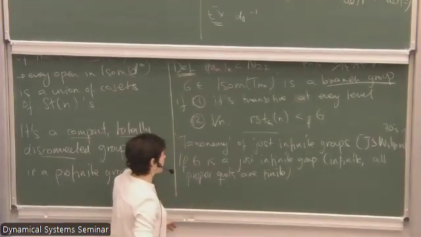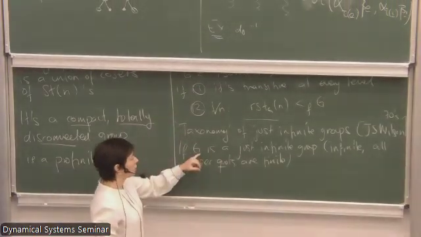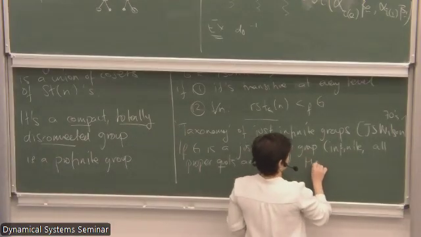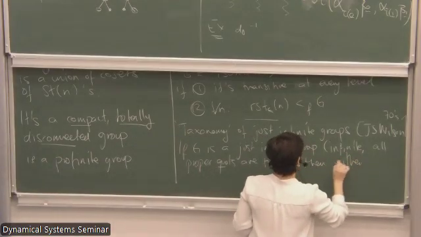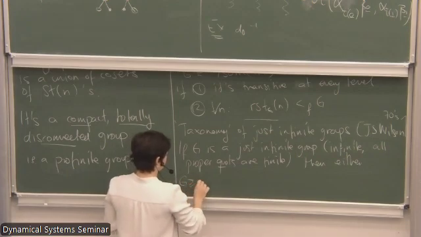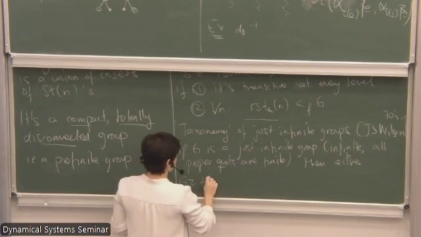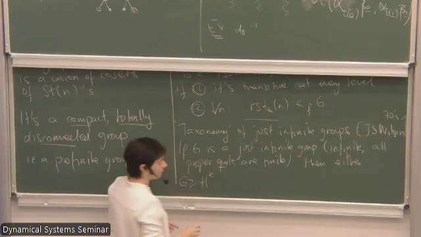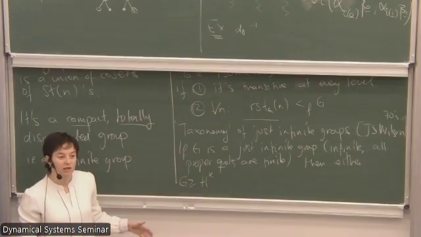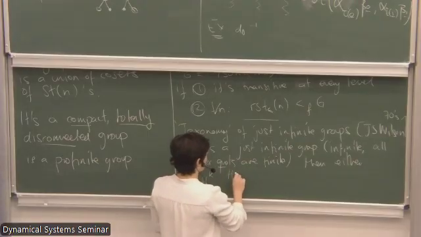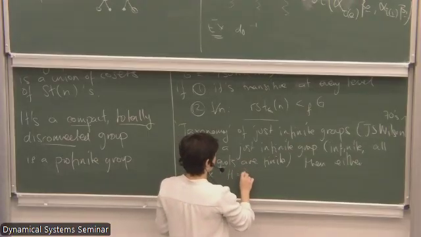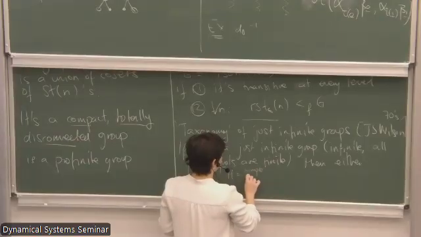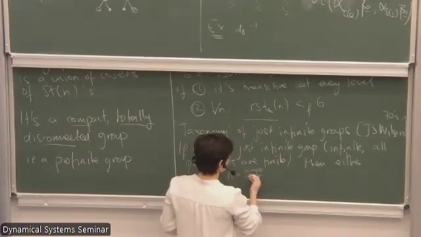So John Wilson's taxonomy says that if my group is just infinite, then either G is virtually H to the K, a direct product of a finite number of copies of some H, where H might be simple, or abelian, or Z, basically.